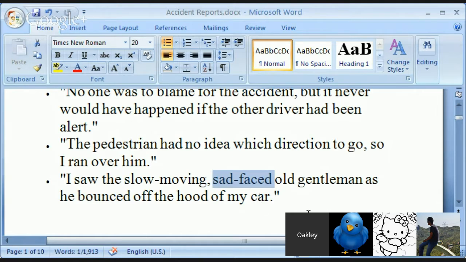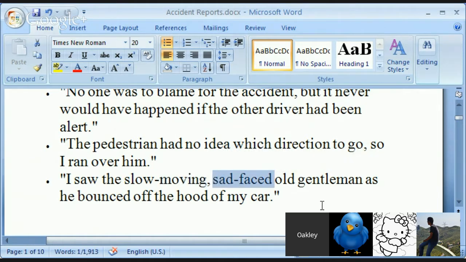I could say sad-faced, angry-faced, happy-faced. You can create adjectives basically anytime you want to, even using a gerund verb. Fast-moving, rapidly bouncing. Well, no, not rapidly, because rapidly is already an adverb, but slow is an adjective. And with two adjectives, you can hyphenate them.